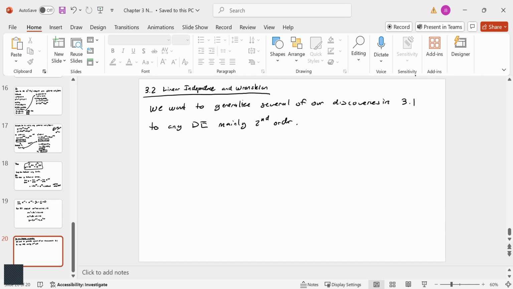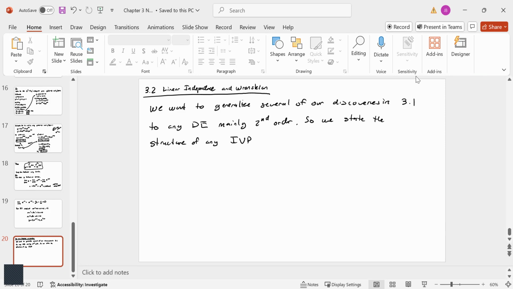And to begin that idea, let's set up a differential equation. So we state the structure of any initial value problem, right?